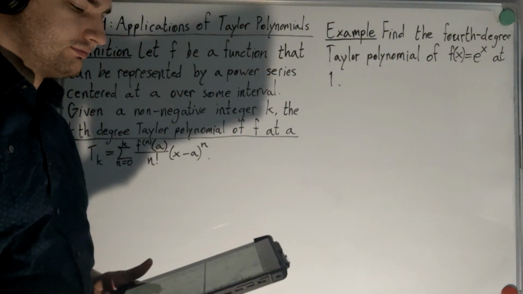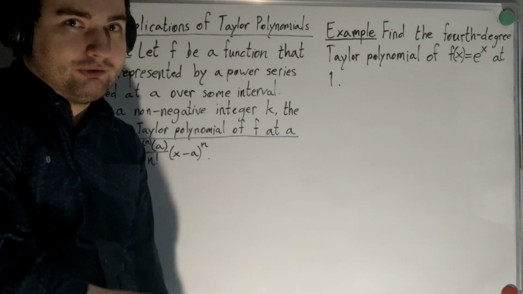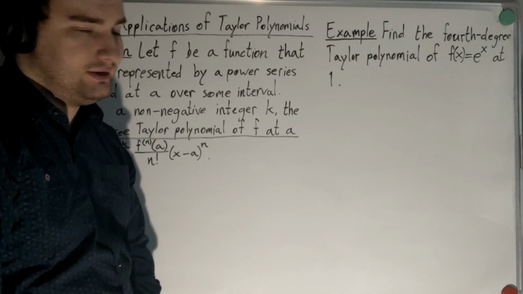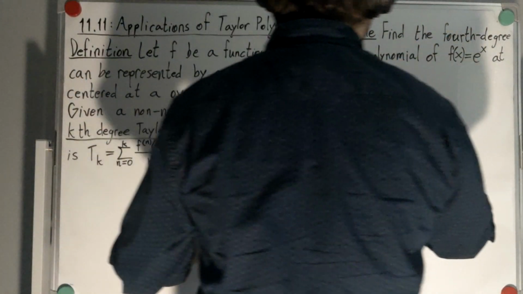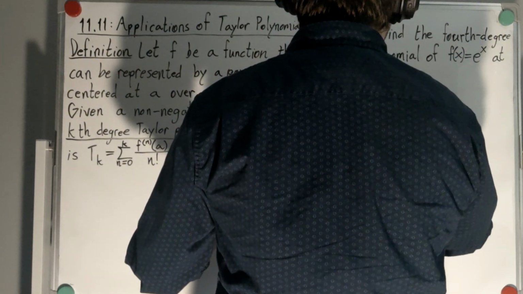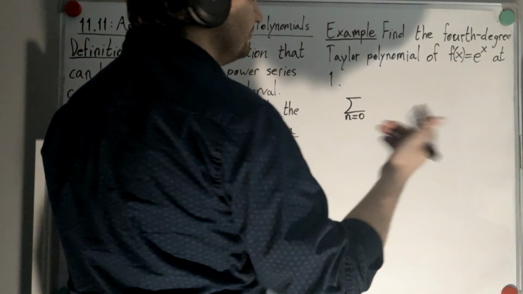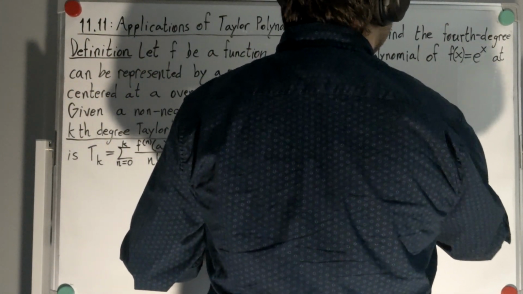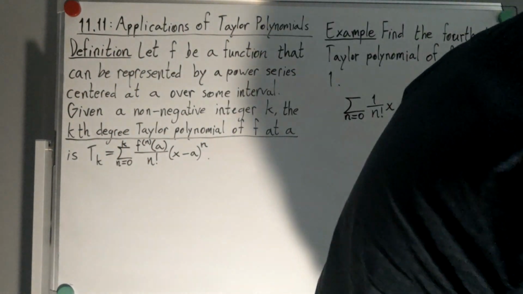Okay. Now, this requires that you just take the first 5 terms of the Taylor series. In the last lecture, we mentioned that the Taylor series of this function is the sum from n equals 0 to infinity of 1 over n factorial times x to the... Wait a second.